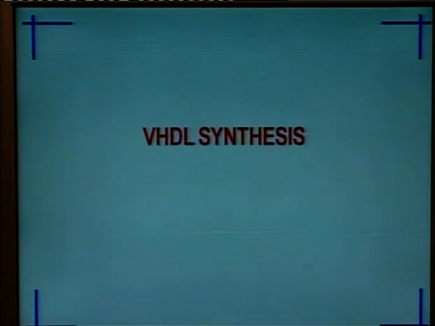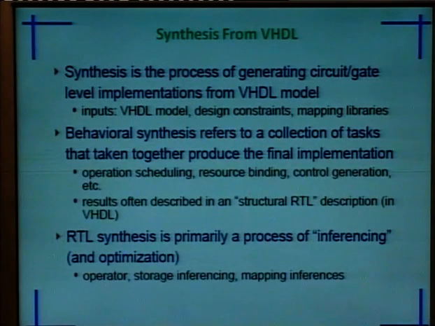Now our VHDL code is ready, we simulated it, we got the output waveform, and we verified the functionality of our combinational circuits is okay. Now the further step is how to implement, how to synthesize this code on the hardware, and that is the part of synthesis.